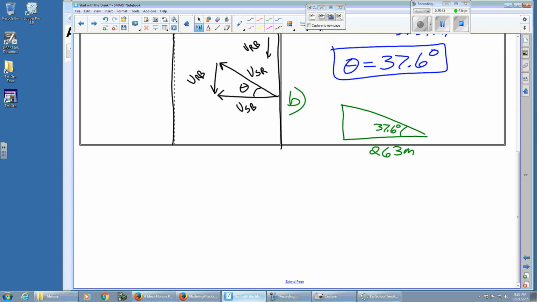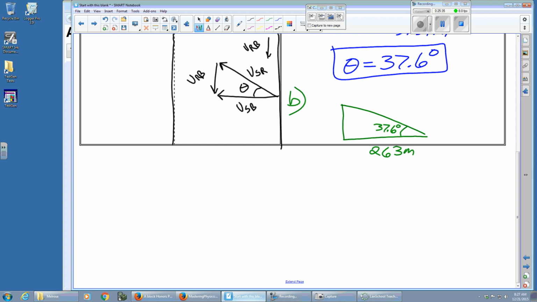I've got lots of options. I could find the side opposite the angle and then know that that displacement is created by the velocity of the river with respect to the bank. I could find the hypotenuse and know that that displacement is due to the velocity of the swimmer with respect to the river.